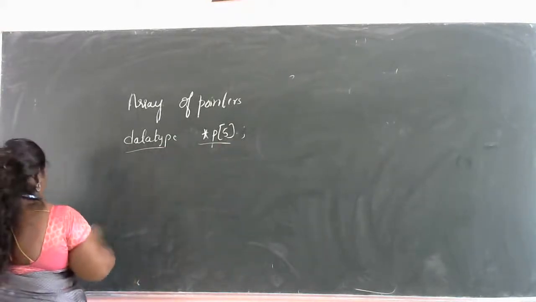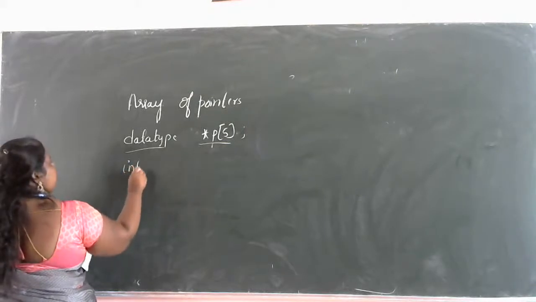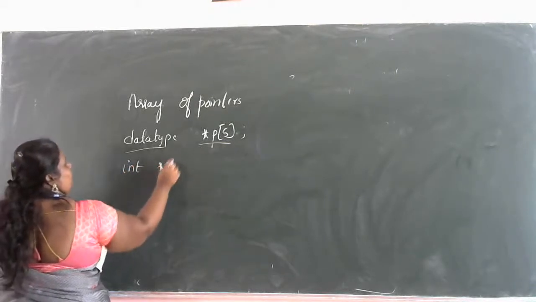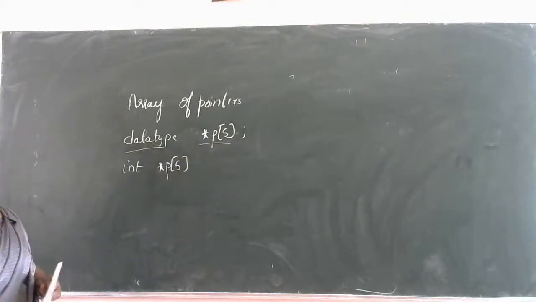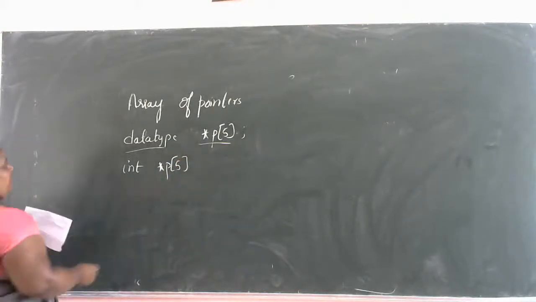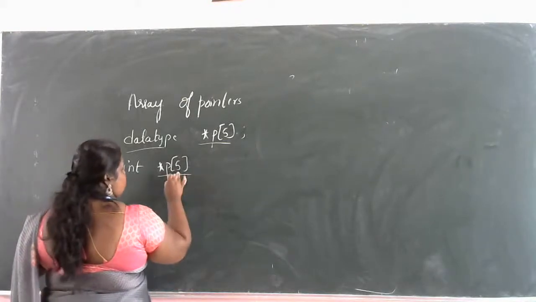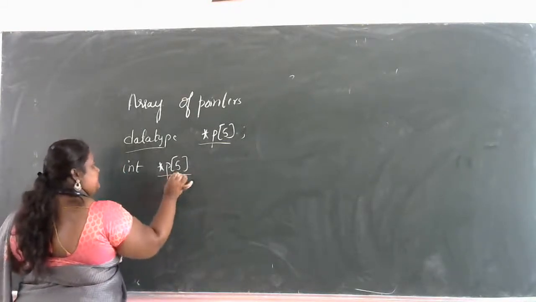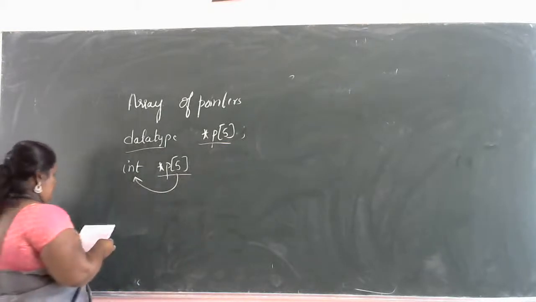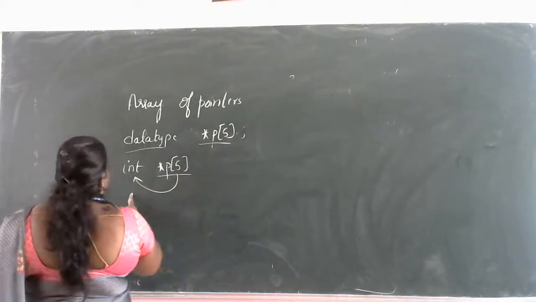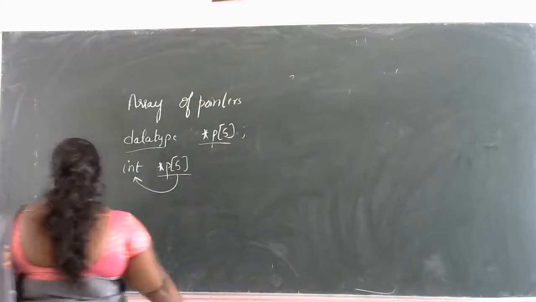For example, int star p of 5. Int star p of 5 means you can store 5 addresses of type integer.